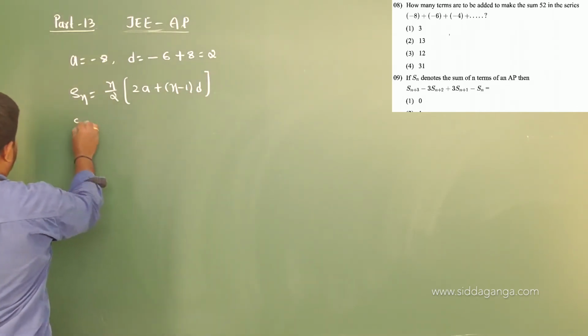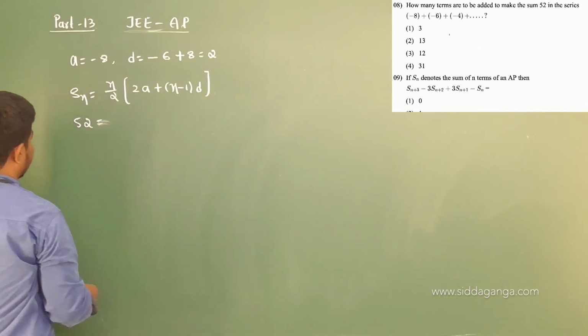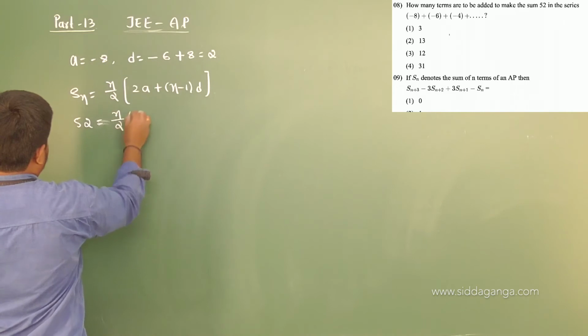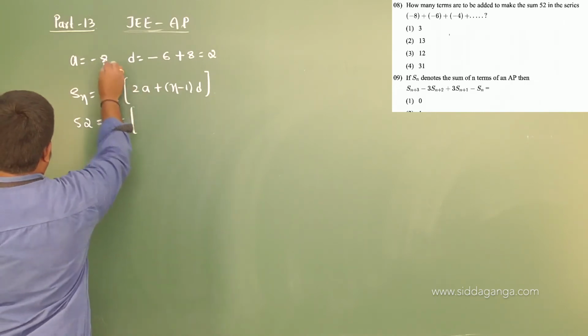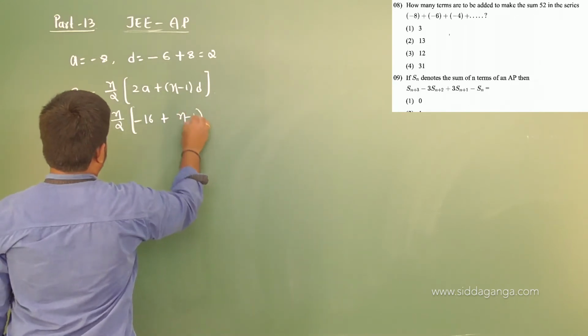Now sum is 52 for how many elements of the given series? That's the question. Let me find n by 2, 2a, 2 into minus 8 plus n minus 1 into 2.